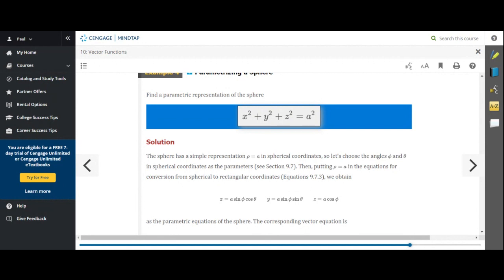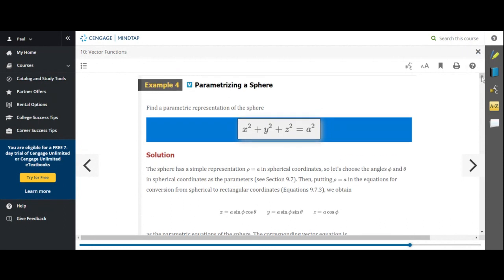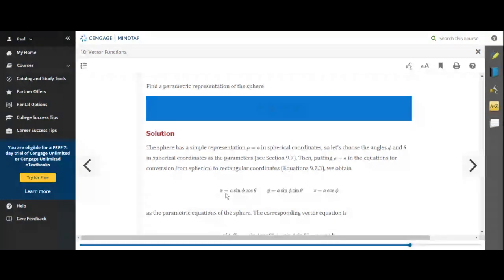All right, so here we want to parameterize a sphere.